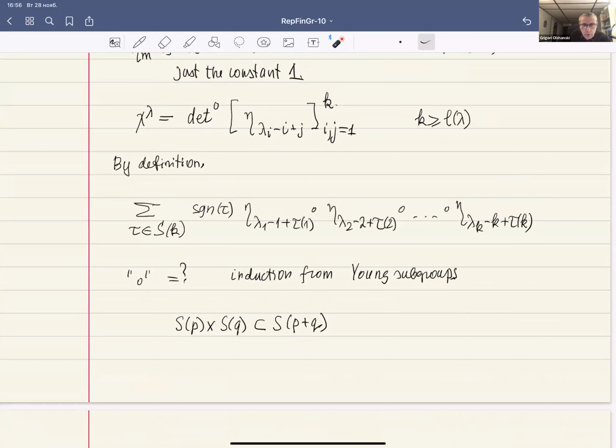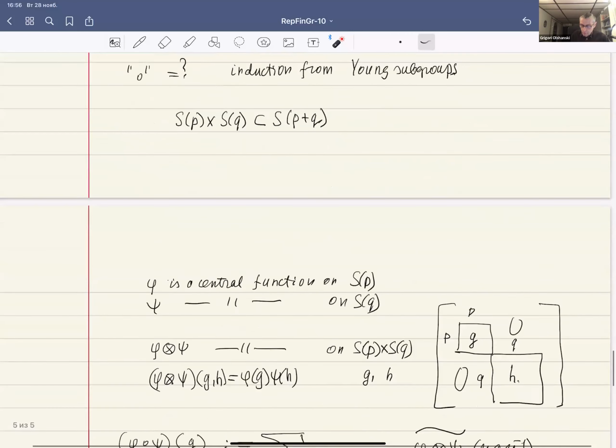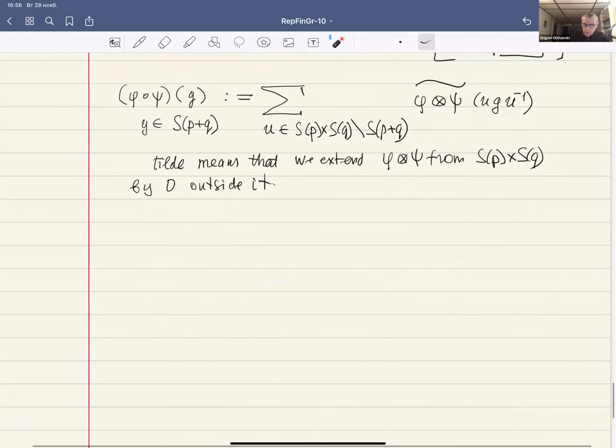So the question is how to see such a product. It's easy to see.